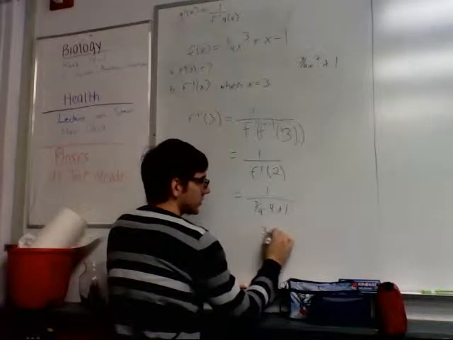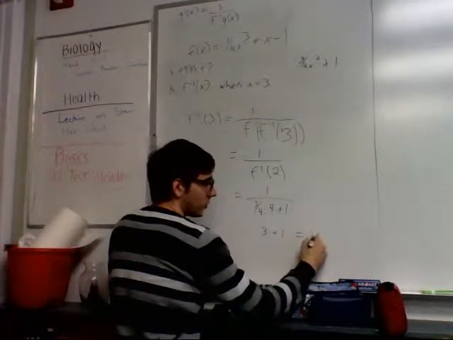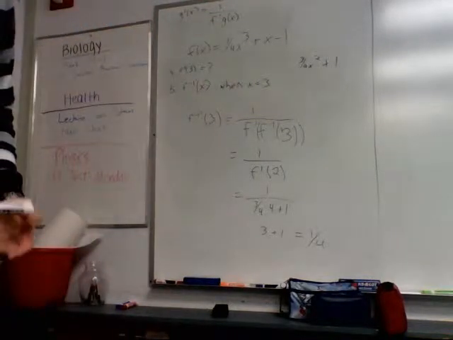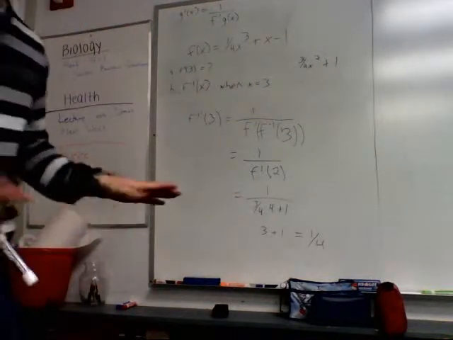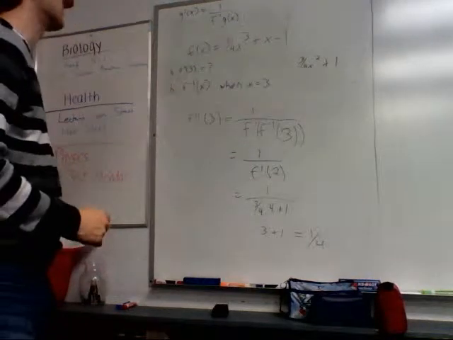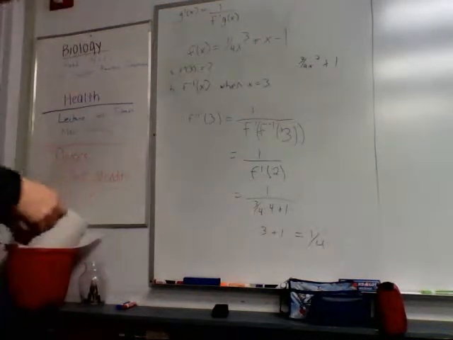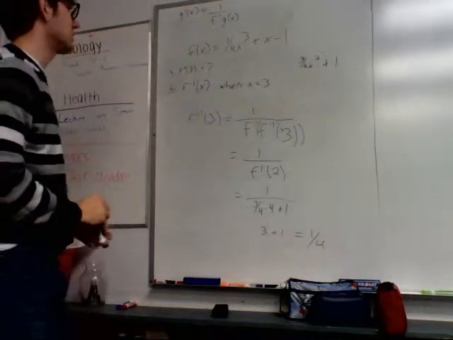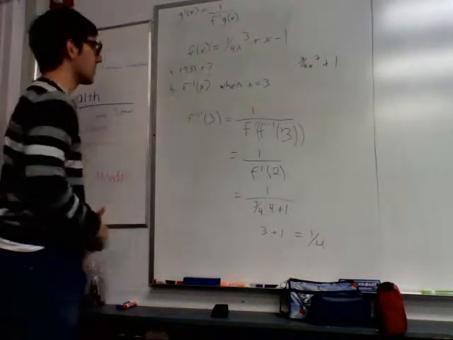We get 3 plus 1 equals 1/4. And that's our answer. So, sorry if that was a little clustery. I felt like I took a long time to explain that. But basically, follow the equation if that's what you need to do to solve for derivatives.